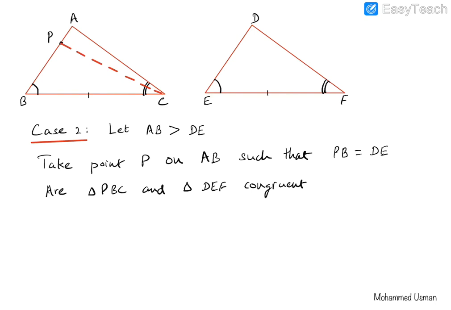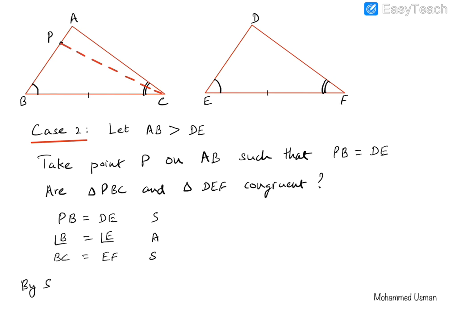So we have PB equal to DE, angle B equals angle E, and BC equals EF. So this is again side angle side, so congruent by SAS rule.